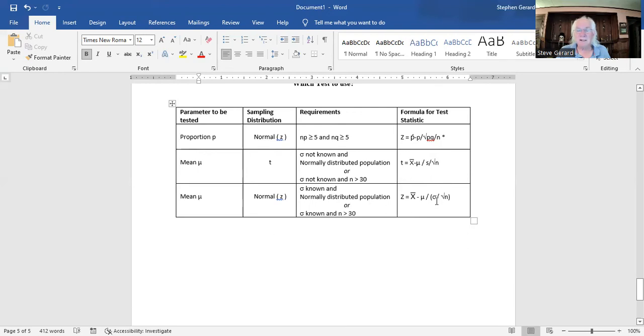When you know sigma, then you use z. If you don't know sigma, then you use the sample standard deviation in that form for the process, and use a t-distribution. The t-test is known as a student t-test. It's not a student version.